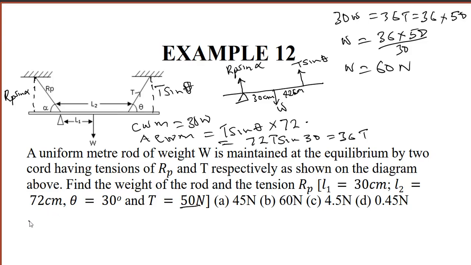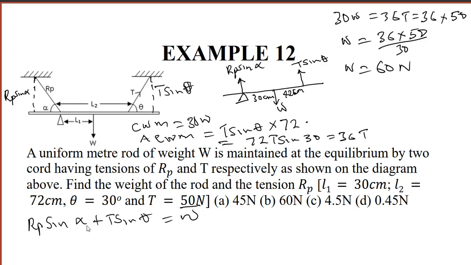So we get RP sine alpha plus T sine theta equals the weight coming down. We don't know RP and we don't know alpha.